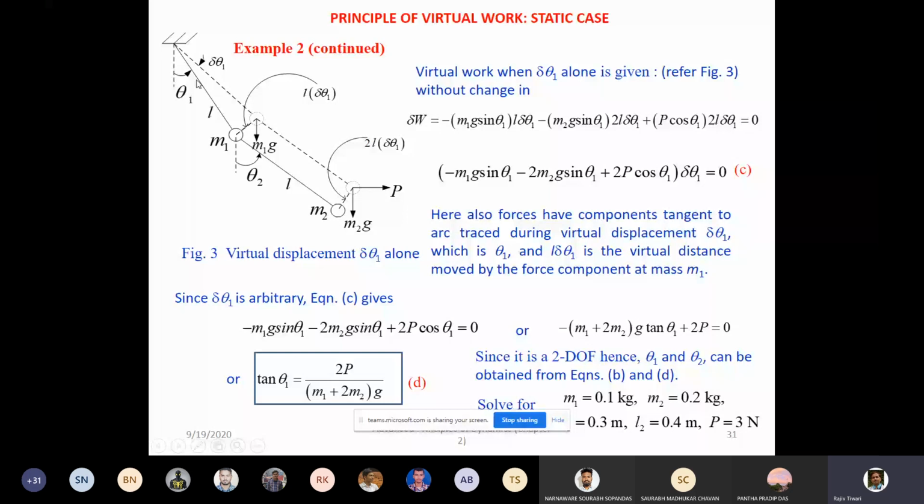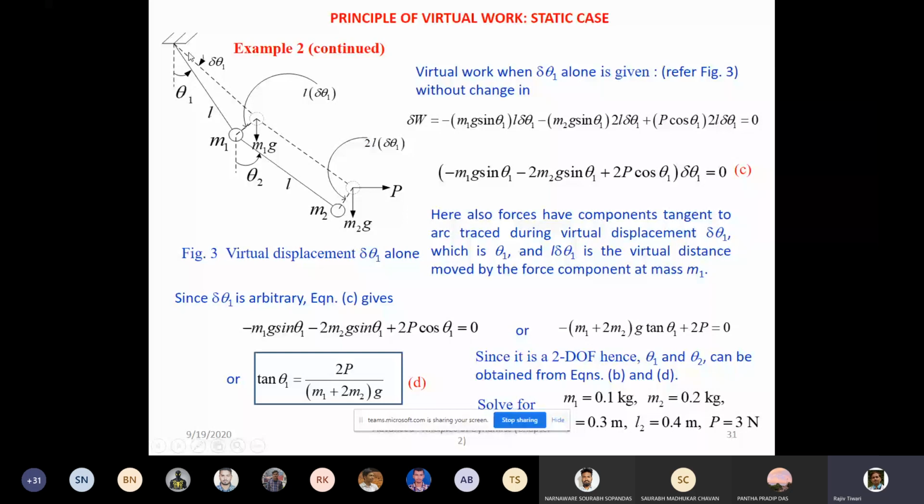When we give virtual displacement to theta 1, along with the upper pendulum, the lower pendulum also gets displaced, because we are giving this theta 1 swing to the upper pendulum.